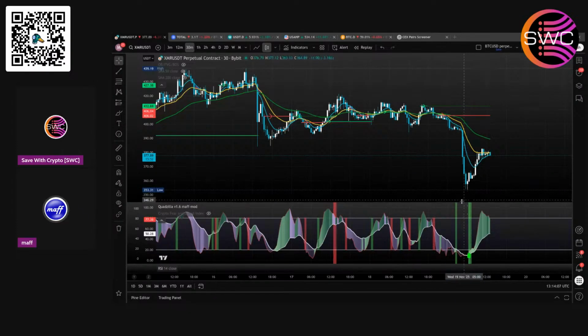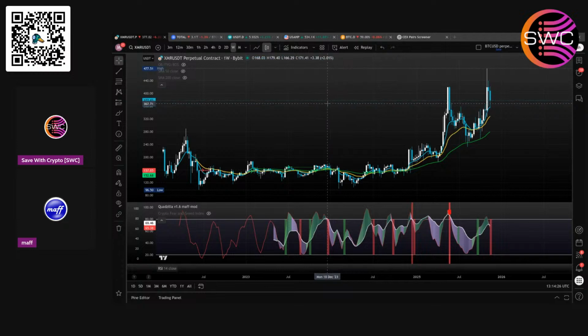Yeah. So it's overall looking good. I think because XMR Monero itself tends to behave a bit like a stable coin in a way. It's only 377. That's pretty good, because I haven't looked at the price of this for a long time. Wow.